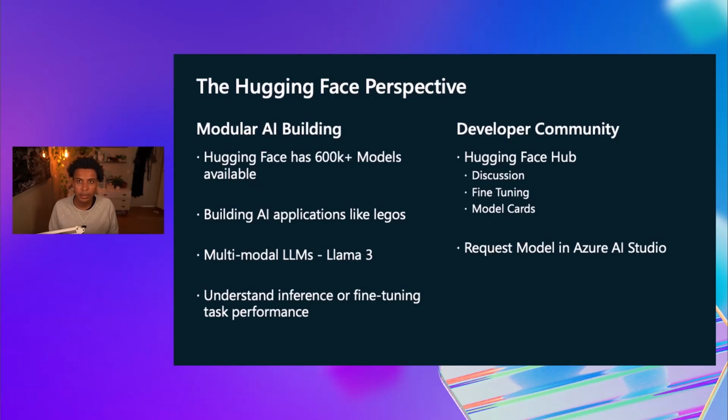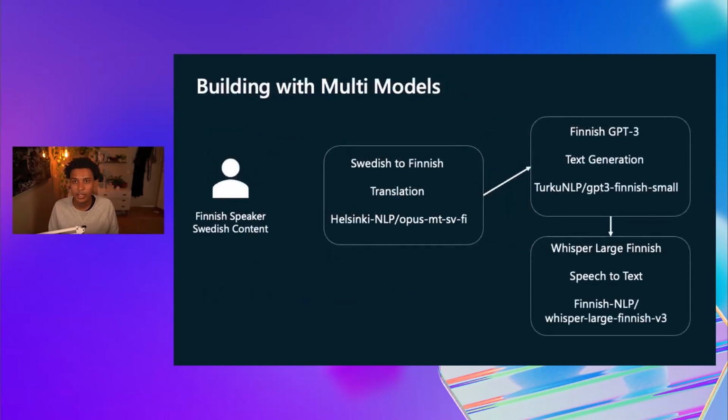And then lastly, generate a response using a version of Finnish GPT-3 that does text generation, but again, is very fine-tuned to Finnish. So this is the GPT-3 Finnish small model, available at HuggingFace as well as in the Azure AI Studio. And in this case, now I'm delivering an experience using 3 models that are very fine-tuned to this specific task.